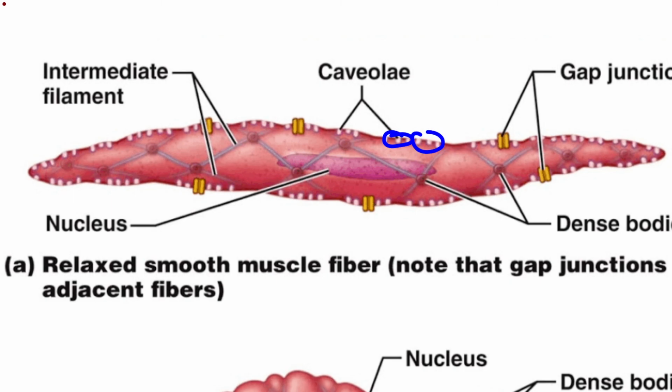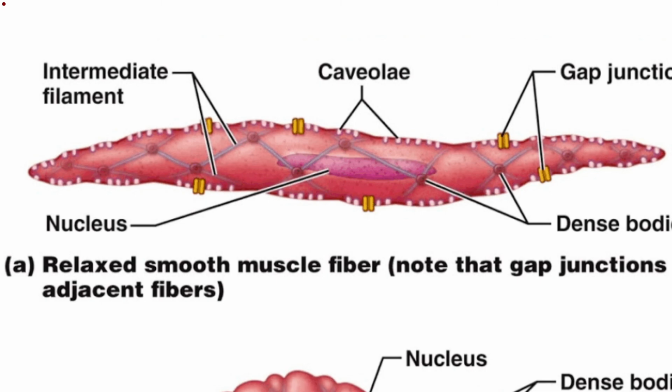These are invaginations or depressions in the cell membrane. Remember when we talked about endocytosis and exocytosis? Endocytosis, we have these little depressions in the cell membrane and they can bring in fluid, right? Pinocytosis is cell drinking. These smooth muscle cells have that.